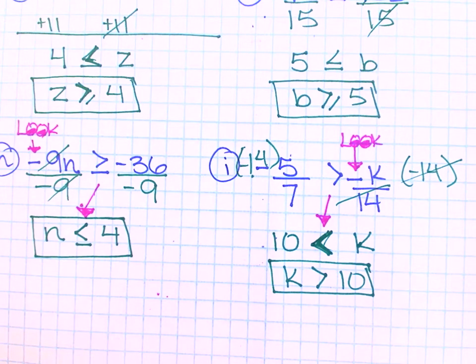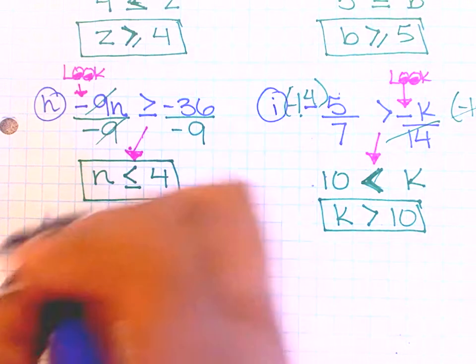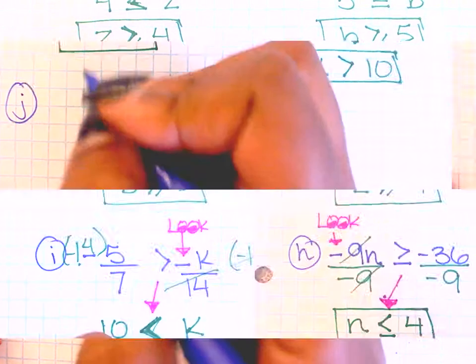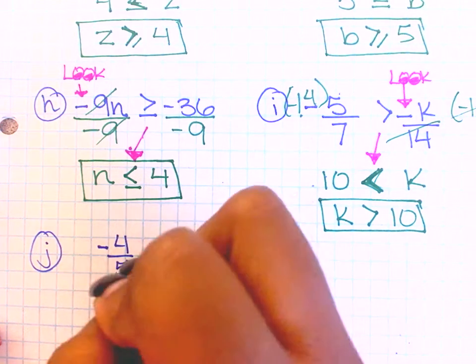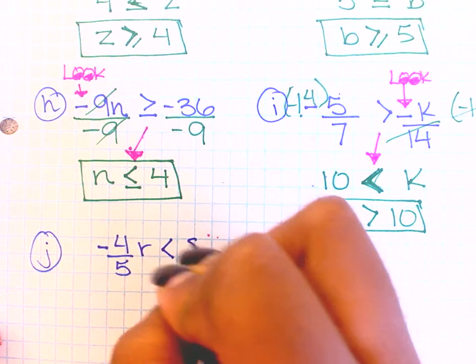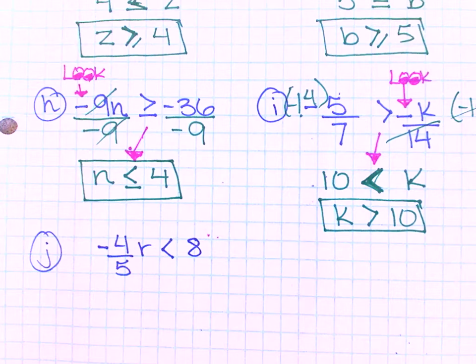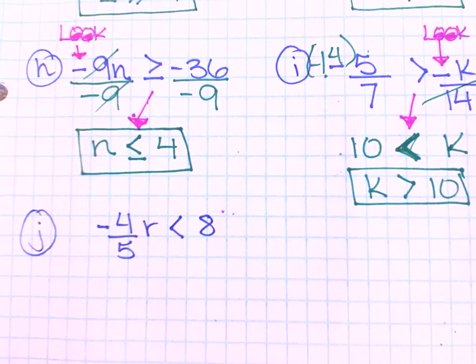Two more. Letter J, negative 4 over 5R is less than 8.